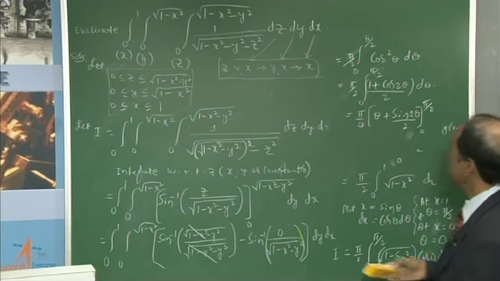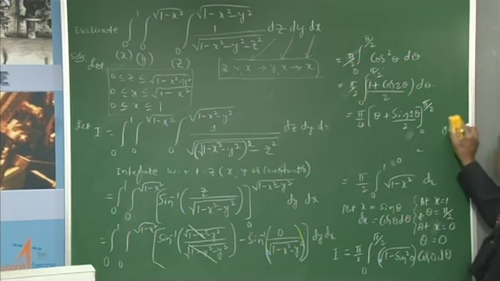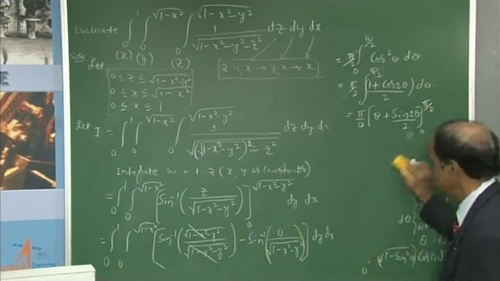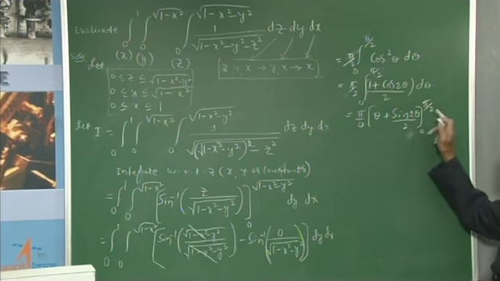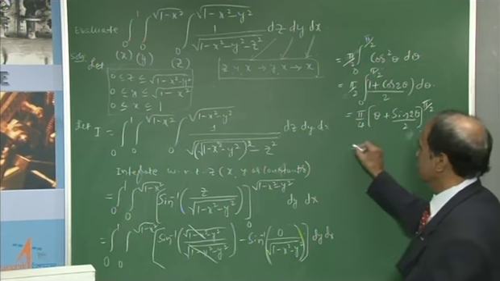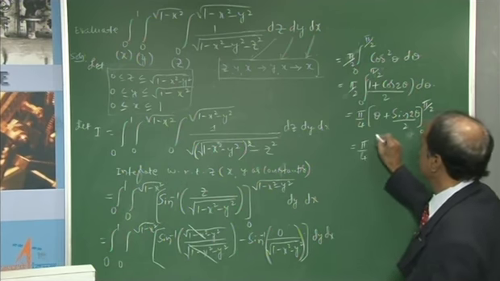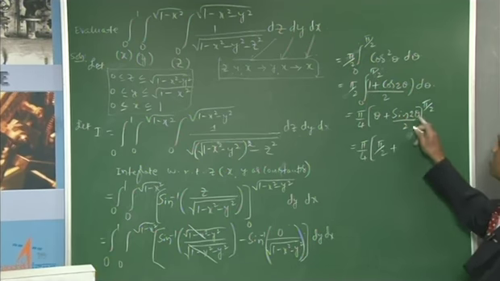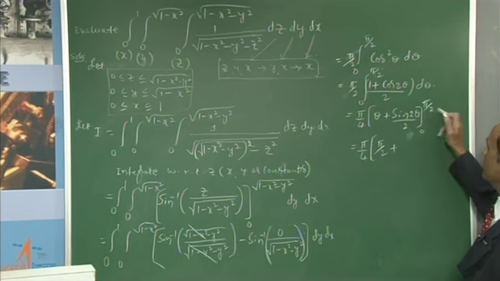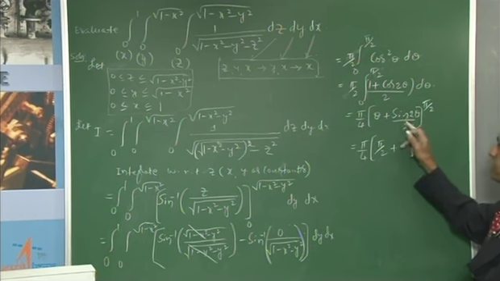That becomes, you are going to replace the limits: theta equal to upper limit and theta is equal to 0. Pi by 4, that is pi by 2 plus sine 2 theta. So theta is equal to pi by 2, that becomes sine 180.